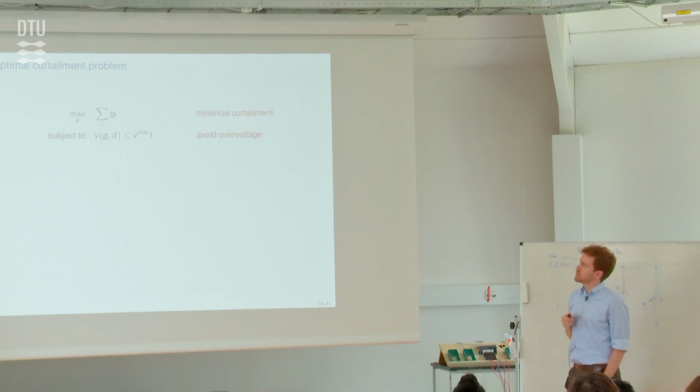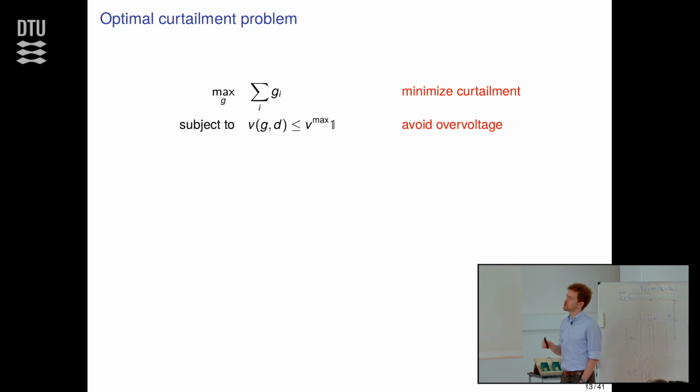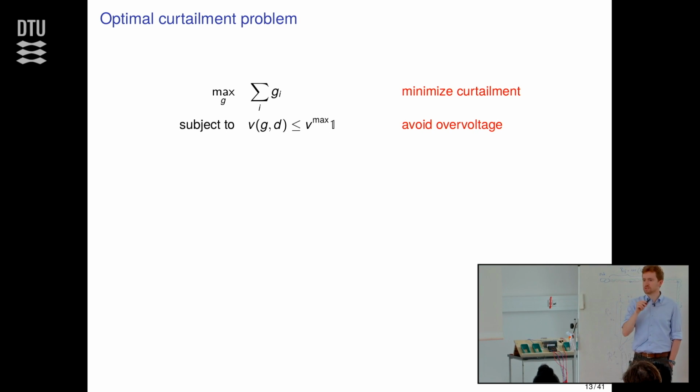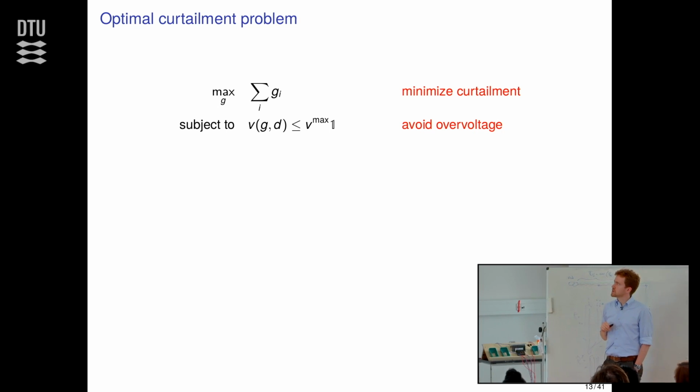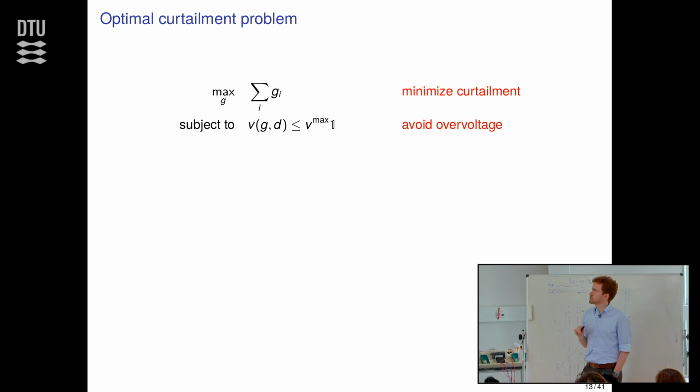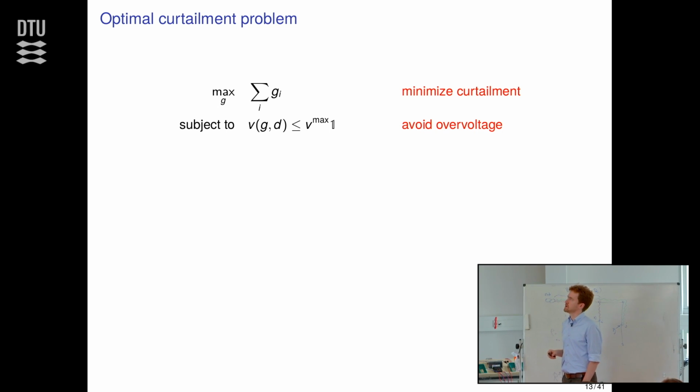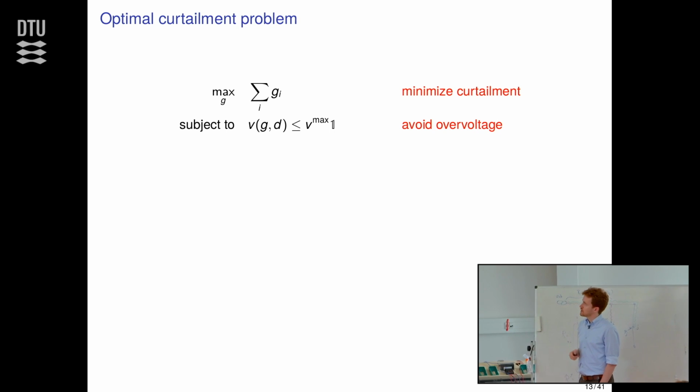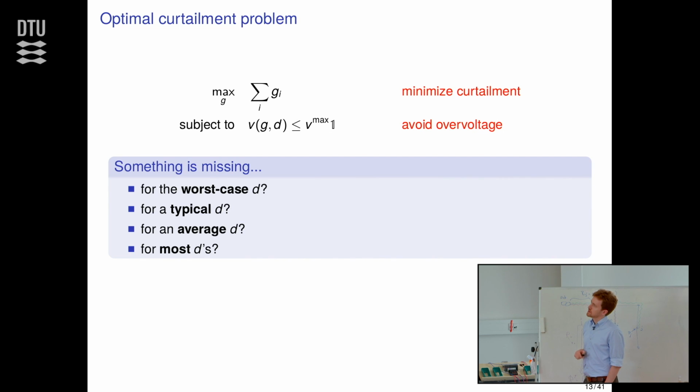As a distribution system operator, this is usually the only real problem you have to solve, because you might have a communication channel to the generators, so you can send them a signal and say, don't inject more than this. But that's it. You don't have control on anything else, and you don't have a lot of other measurements. Now, if you look at this problem, it's not really well defined, right?